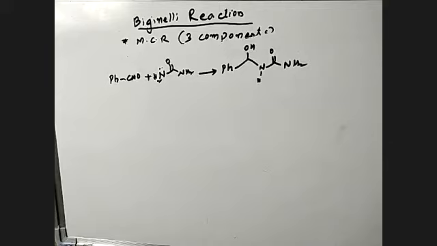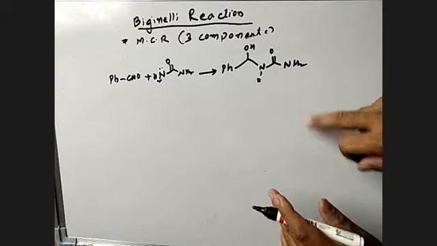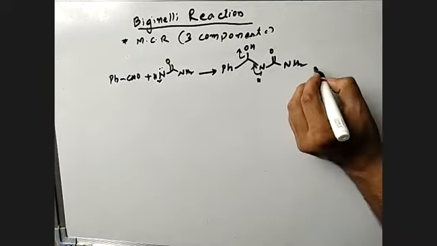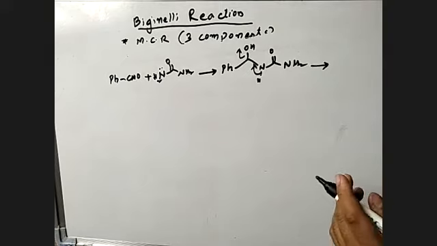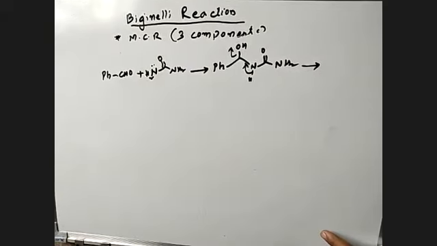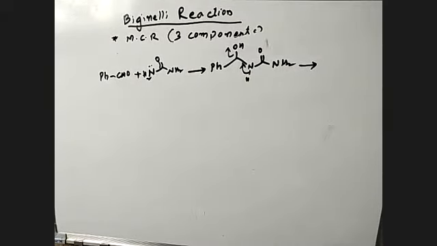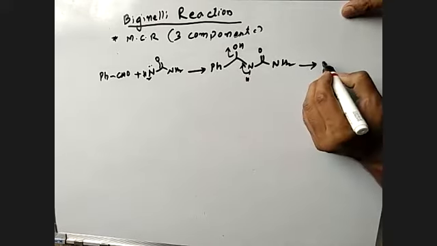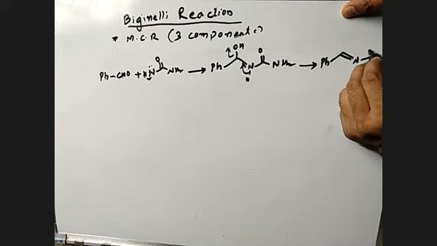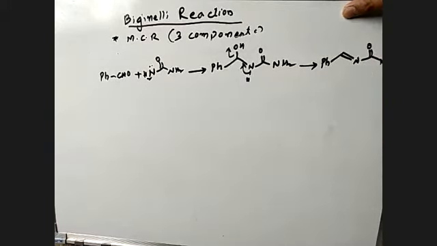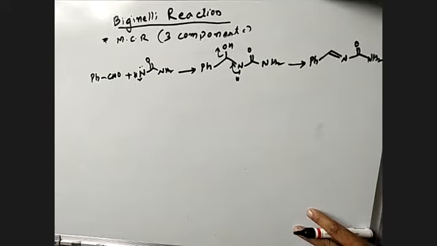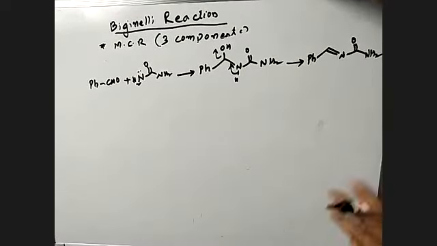And then once you got this, loss of water, this bond shifts here, an iminium ion will form. So I can write iminium ion. How? You see, I will write here. I can write here iminium ion. So this Ph like this. Fine. Okay, so I think now it is visible to you. Fine.